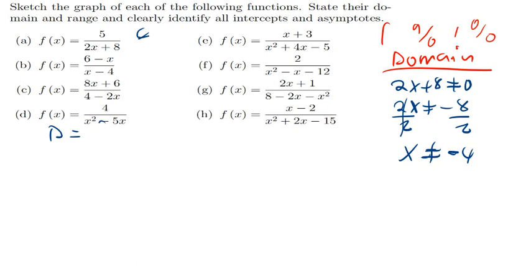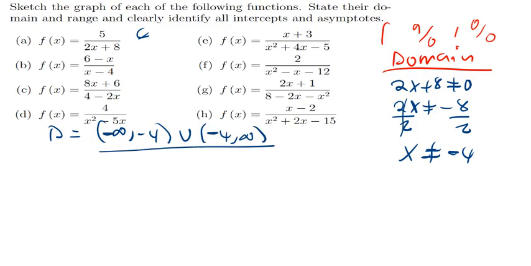So starting from negative infinity all the way to negative 4, not included, union, starting from negative 4 all the way to positive infinity. Who is behind on how to find the domain? Perfect.